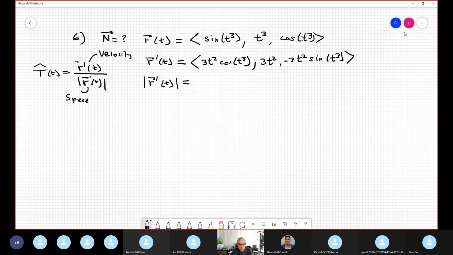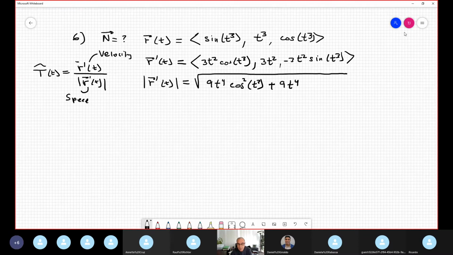The speed is scalar, so it's a square root. This one squared is 9t^4 cosine squared t cubed, plus 9t^4 again, plus 9t^4, and I don't care that it's negative because when we square it becomes positive, sine squared t cubed.